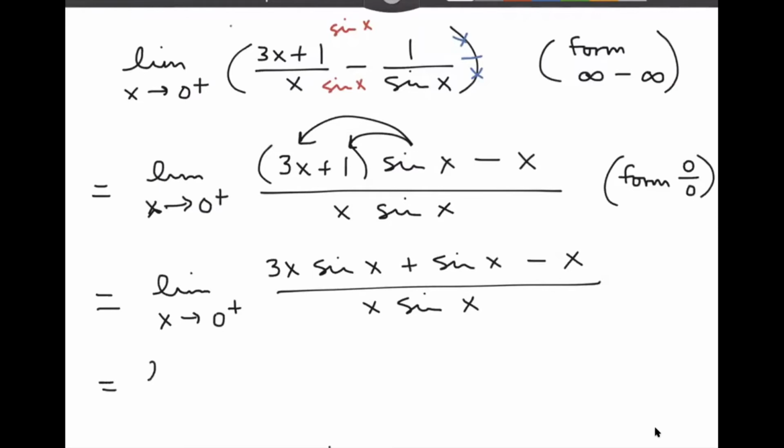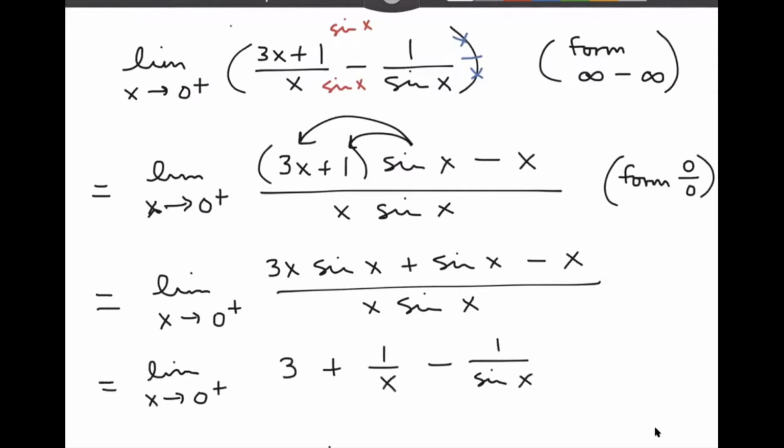If we break that into 3 separate terms, each with denominator x sine x, then the first term is just going to be 3. The second term is going to be 1 over x. And the third term is going to be x over x sine x, which is 1 over sine x.